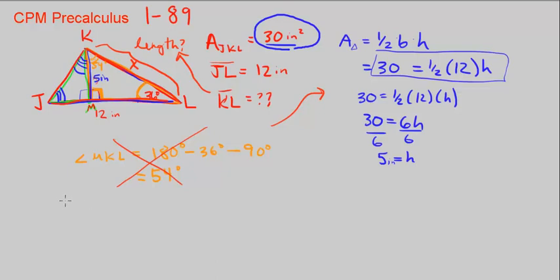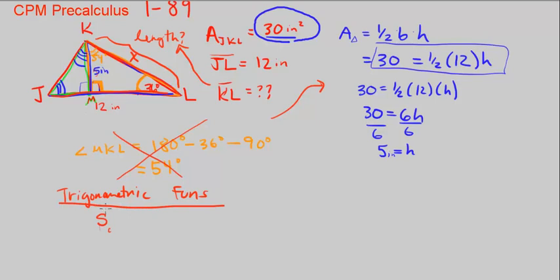Then let's look at our trigonometric functions, sine, cosine, and tangent. Our nice tool is SOHCAHTOA, which tells us the ratios: sine of an angle is opposite divided by hypotenuse, cosine is adjacent divided by hypotenuse, and tangent is opposite divided by adjacent.